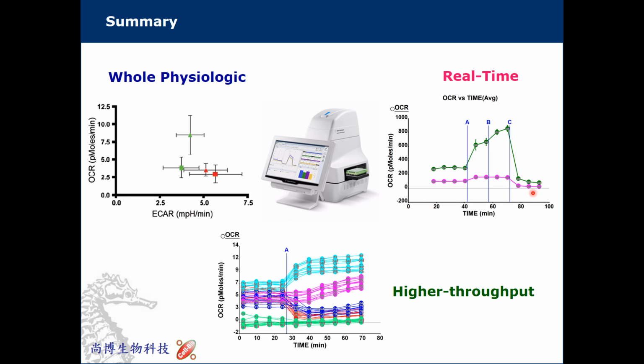And we measure in real time, which means we can do auto drug injection. So we have a lot of drug test designs for you, and we can go deeper to know more. And it is a proper throughput with 24 wells. So you can compare 6 to 7 groups with 3 well repeats, and it is enough.